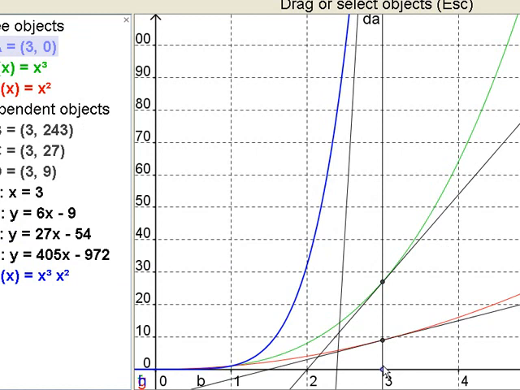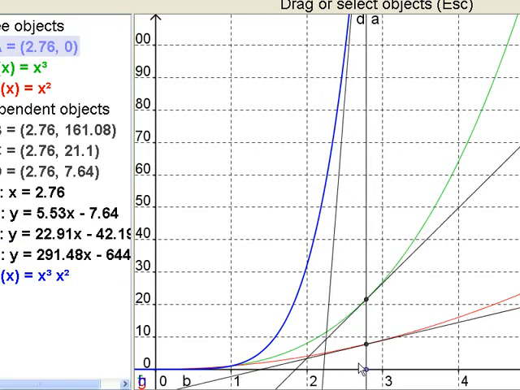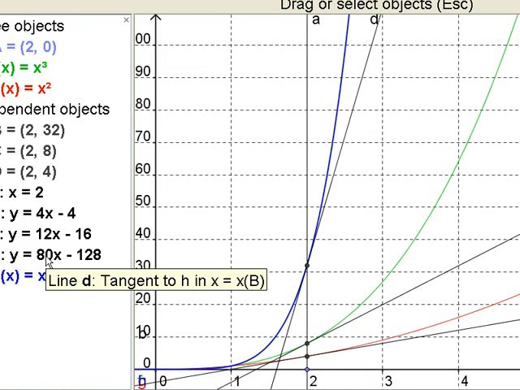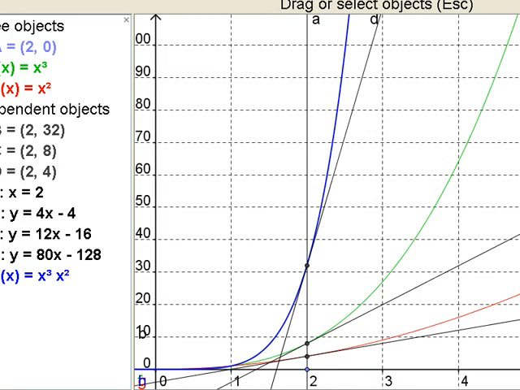Okay, 9, 27, 243. But the slopes are not. These two slopes don't multiply to give you this 80 here. If we were to do the derivative of each and multiply it out, you would come up with the right thing there. You'd come up with what you expected there.